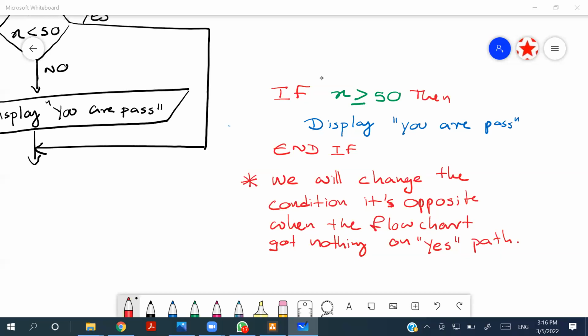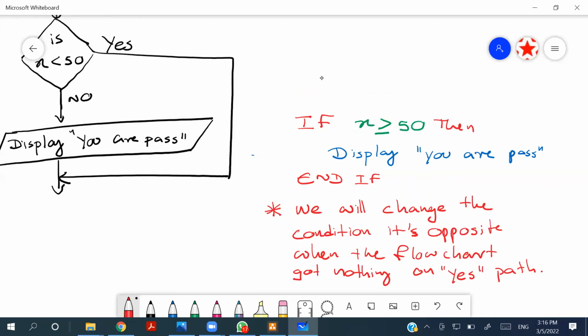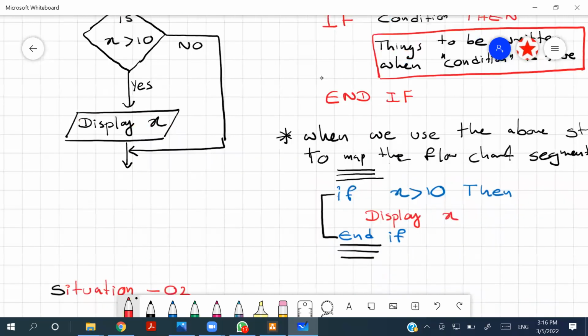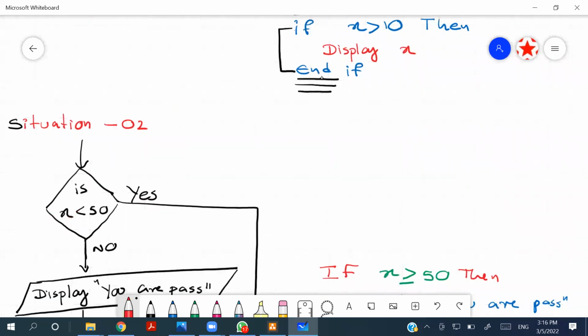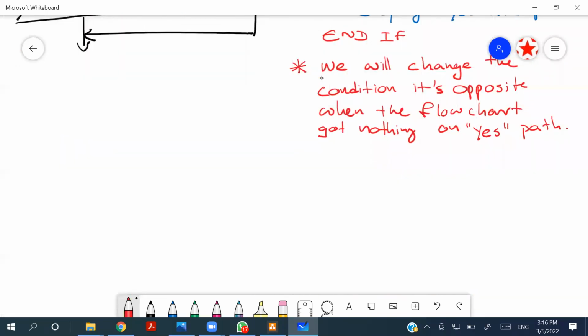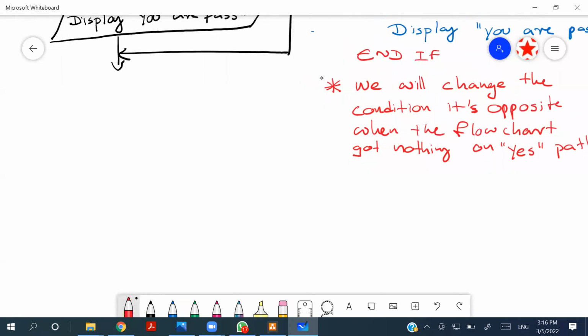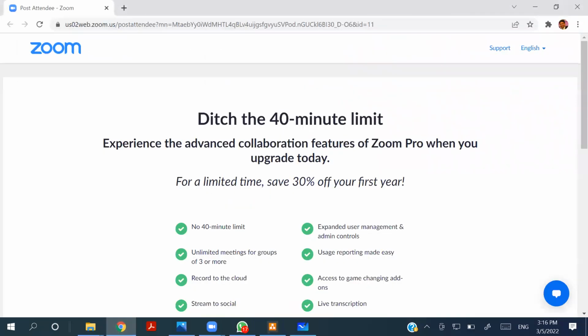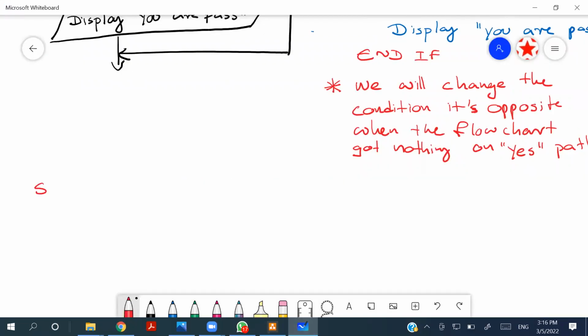I hope you could understand these situations clearly. So we are moving to the third situation. Here comes situation 3, and it is the most frequent situation that we do.